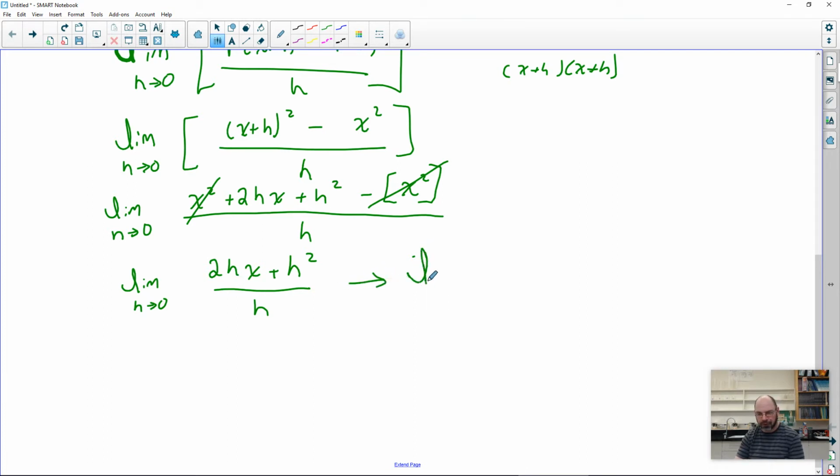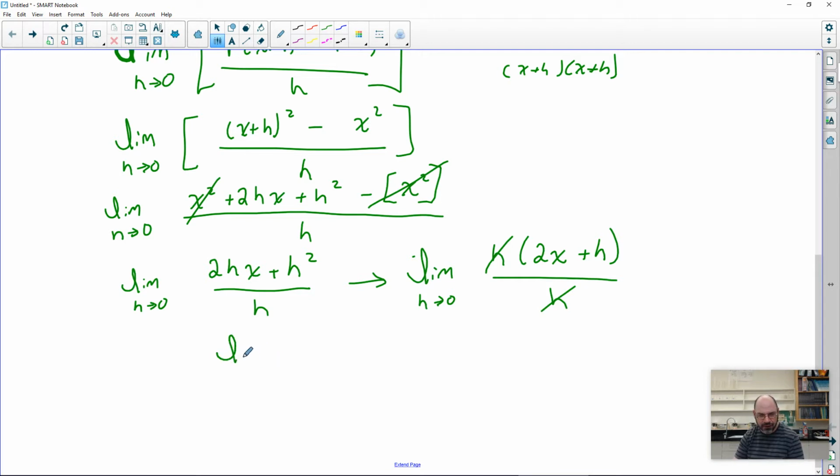If we factor out a common factor of h in front, as h approaches 0, of h times 2x plus h, taking the h out of here and an h out of here, and then the bottom is an h, then these will cancel out.